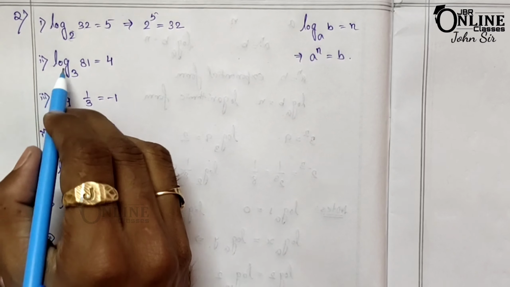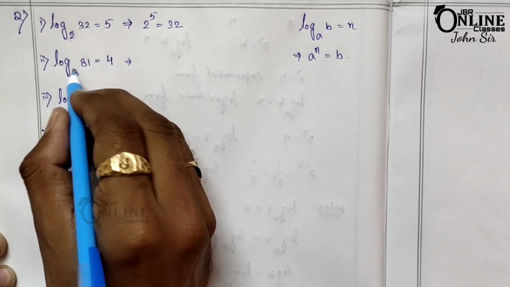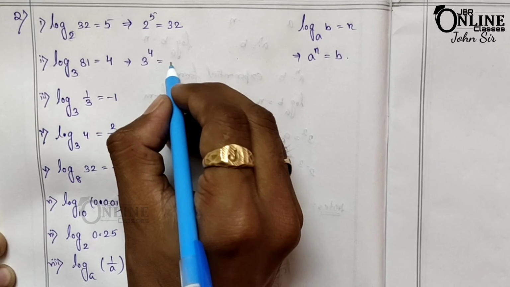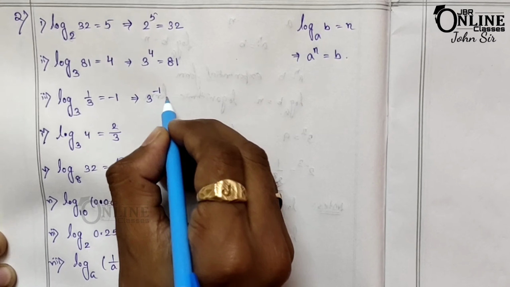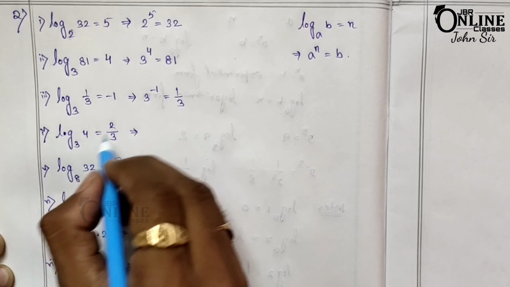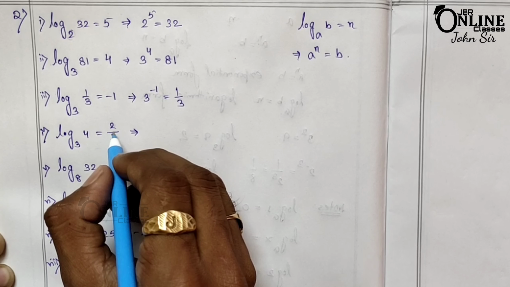Now next one, log base 3 of 81 that equal to 4, so 3 to the power 4 that equal to 81. Next one, log base 8 of 4 equal to 2 by 3.